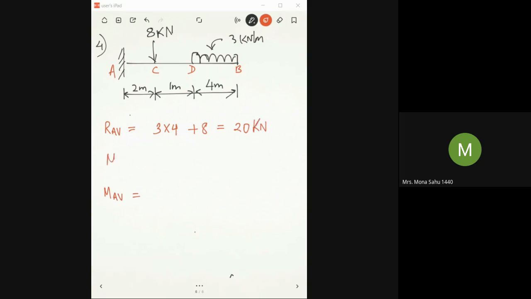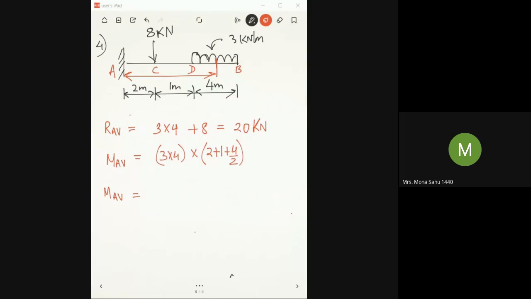Now MAV is equal to, calculate the moment with respect to point A. So 3 multiplied by 4 is the load. And what will be the perpendicular distance from the UDL midpoint to point A? So it's going to be 4 by 2 plus 1 plus 2.